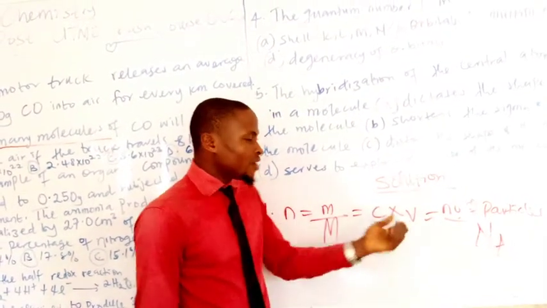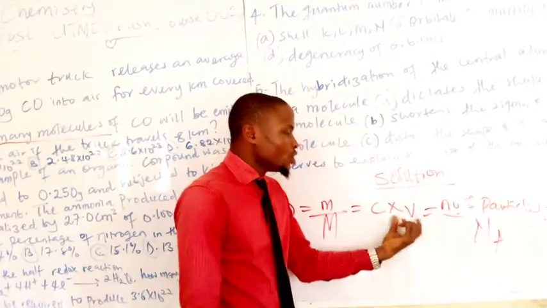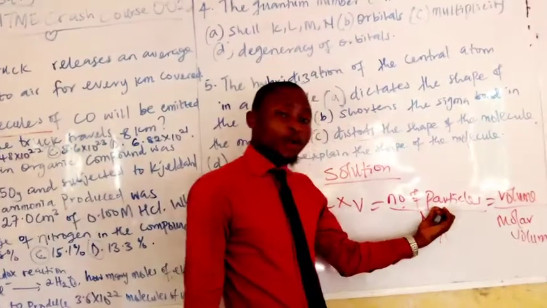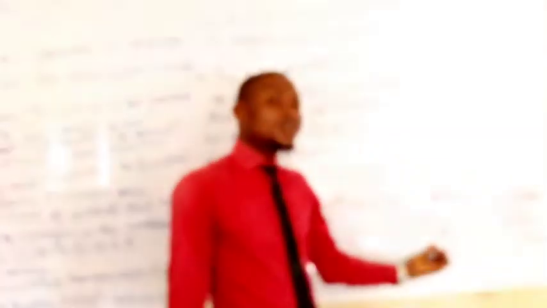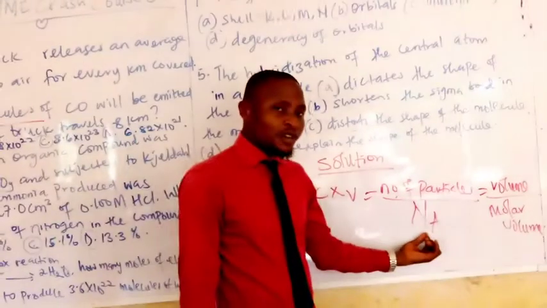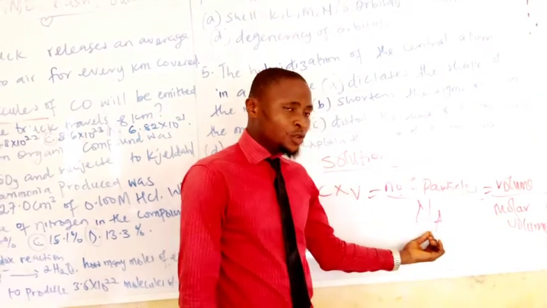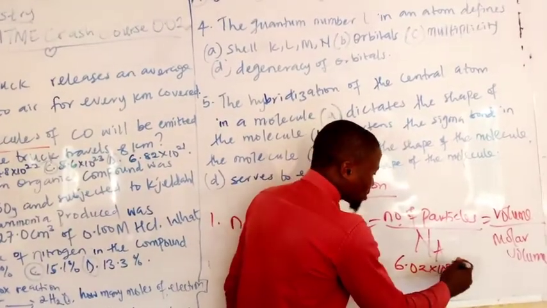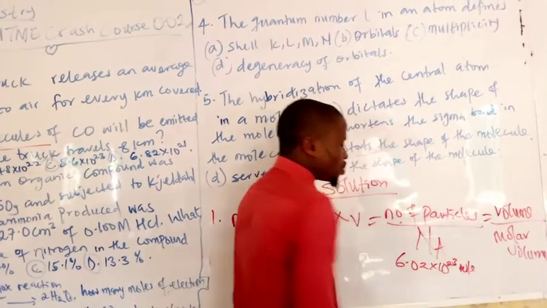That is why whenever the volume you are given is in cm³, you have to divide it by 1000. It's also equal to number of particles all over Avogadro constant. Avogadro constant, I believe you know, is 6.02 times 10 raised to the power 23 per mole. Do you understand?